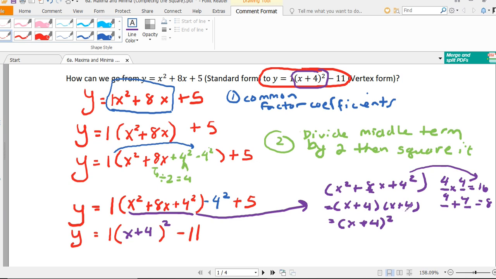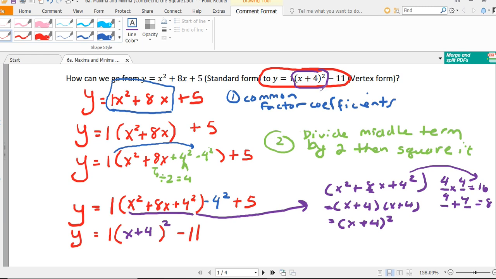Which means if I can somehow manipulate the first two parts of this equation, I'm going to ignore the 5, and turn it into a perfect square, so that when I factor it, I get the same factor twice, and that is exactly what I want.